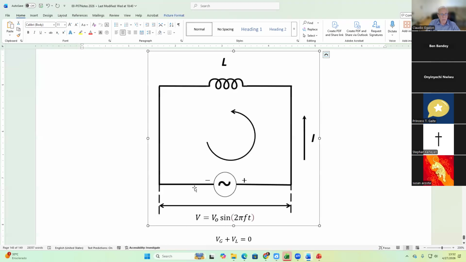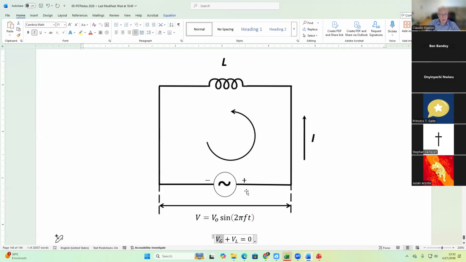We started right in here at this left side of the generator. We move from a lower potential to a higher potential, and we must write plus VG. Then we cross the inductor from this spot to this spot, and we put VL.